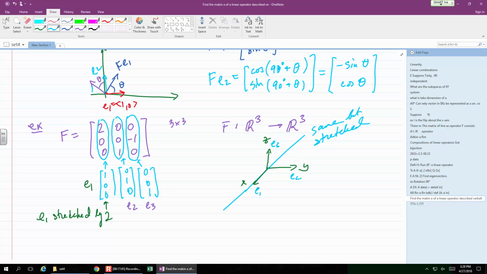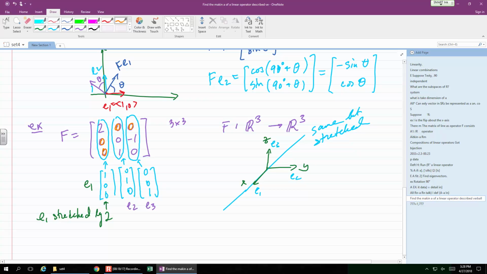Well, one trick is to look first of all to make sure that we have taken care of E1, and we know exactly what has happened to E1, and the answer is, well, stretch. So wherever E1 goes, it has nothing to do with E2 or E3, and vice versa, right? So these zeros are very important.